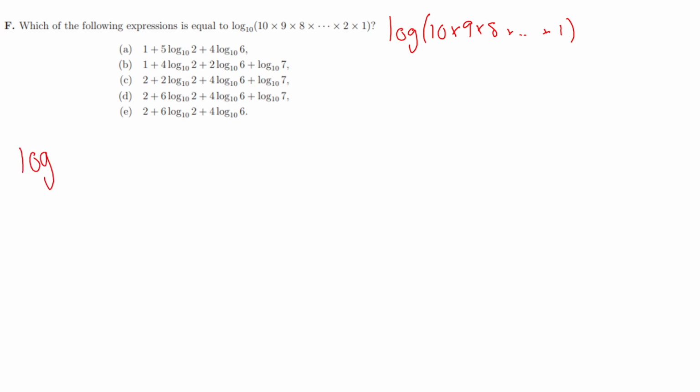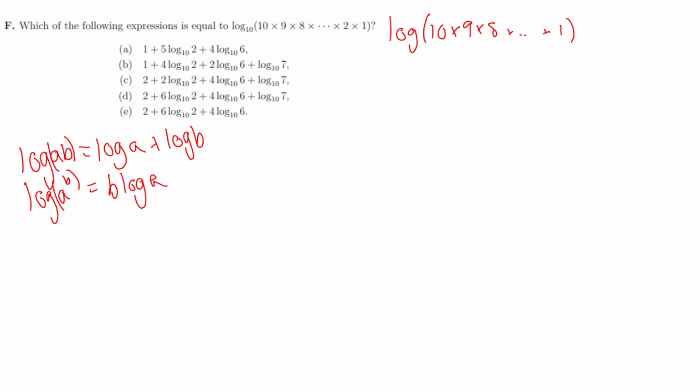Log of AB equals log A plus log B. Log of A to the B equals B log A. And by inference from this rule, you can say that log of B over A equals log B minus log A.